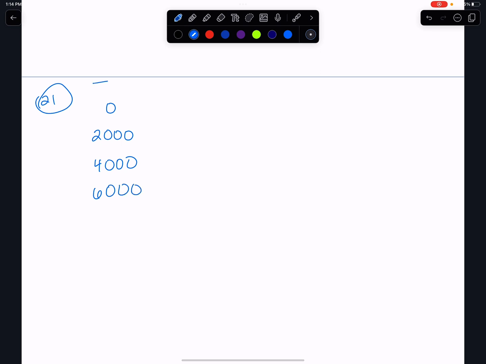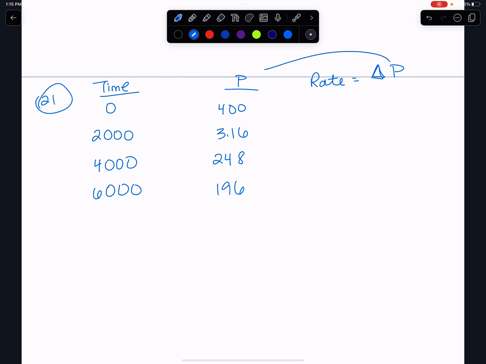And that's times. And then we're given some pressures. And so we can calculate some rates. Because a rate, we know it's the change in the concentration. In this case, it's going to be the change in the pressures over the change in time.